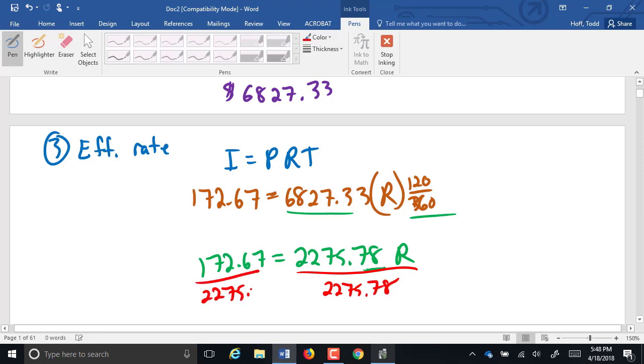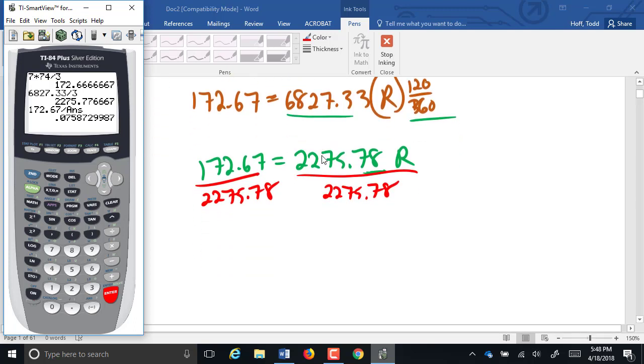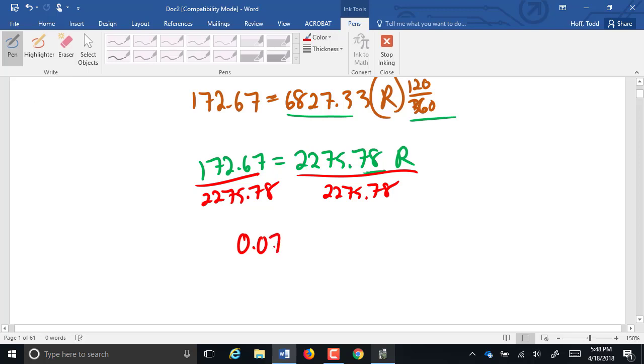And the way I'm going to do that to avoid round off error is I'm going to type in the 172.67 and divide by that previous answer, using the second answer function of the calculator. Remember, we're going to go at least 5, usually preferable to go 6 digits here. 0.075873 equals R.